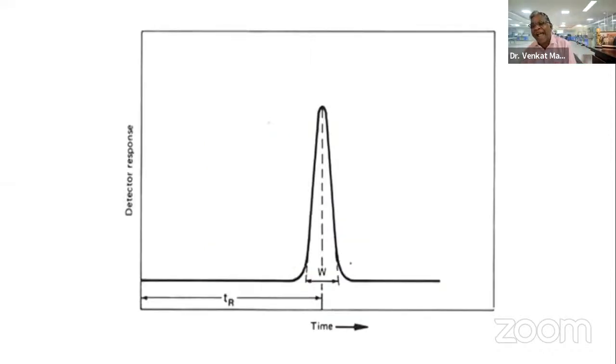How to get an ideal chromatogram. It's an ideal chromatogram. Why do I call it an ideal chromatogram? I have drawn a vertical line here in this chromatogram. When I draw a vertical line here, you can see very clearly, I have a base. This is the retention time. This is direct response.